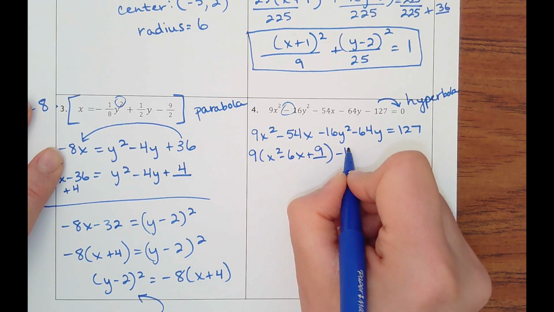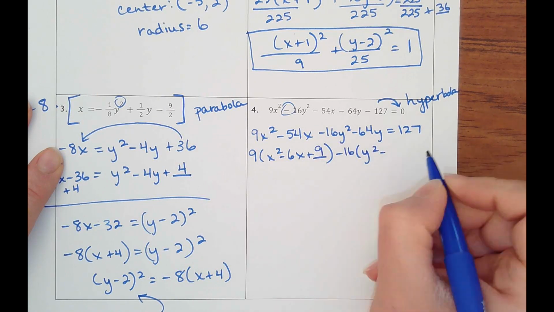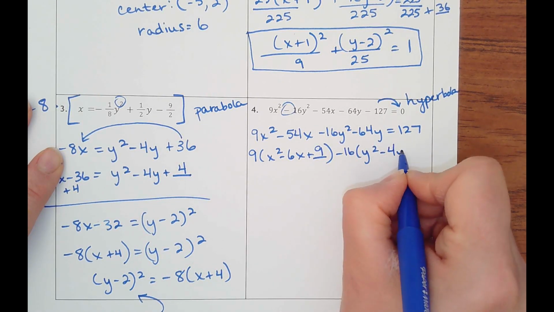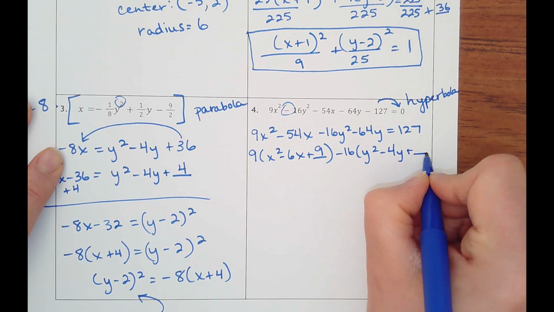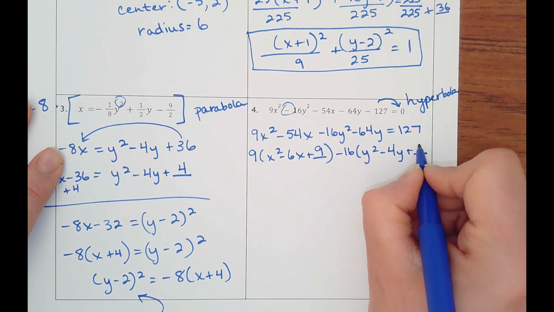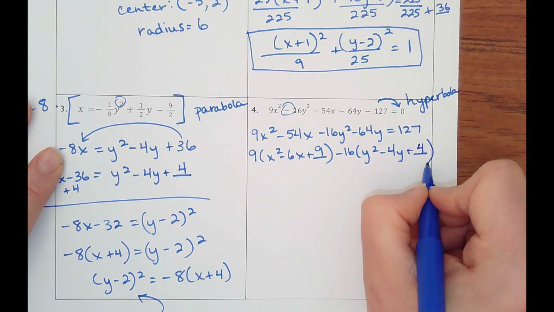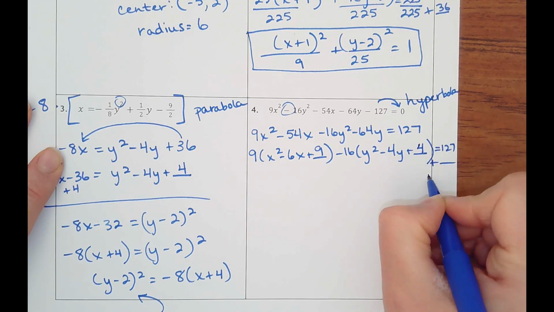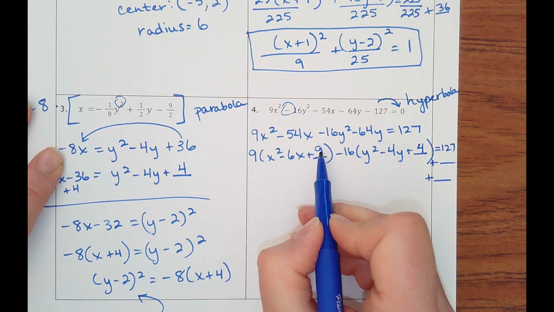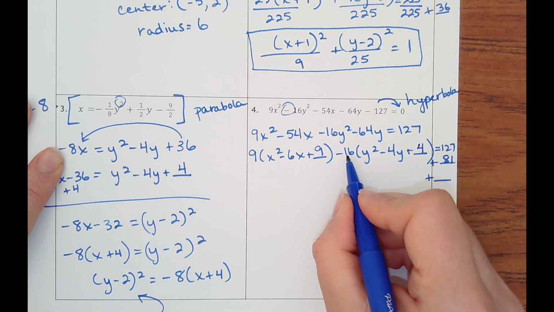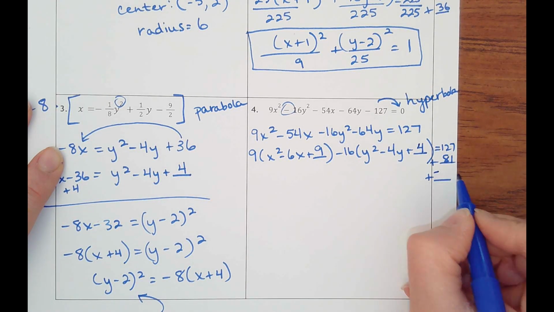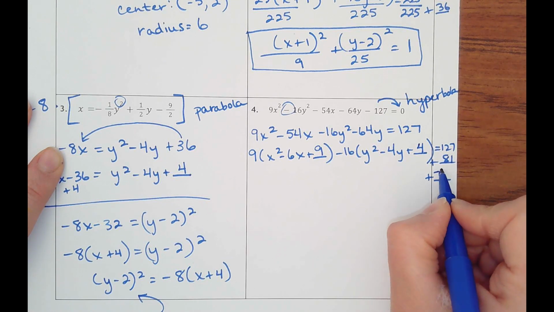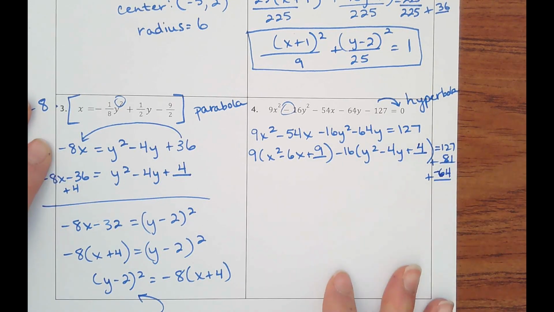Take out a negative 16, that would leave you with y squared minus 4y plus blank, which would be negative 2 squared is back to 4, equals 127 plus blank plus blank. 9 times 9 means I added 81. Negative 16 times 4 made that negative 64.